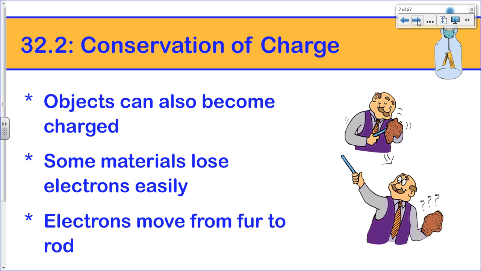So as the friction between the fur and the rod occurs, the electrons are going to move from the fur into the rod. So, what kind of charge will the rod have? Since it's gaining electrons, that rod will now be negatively charged. And the fur, since it is losing electrons, will have a positive charge.